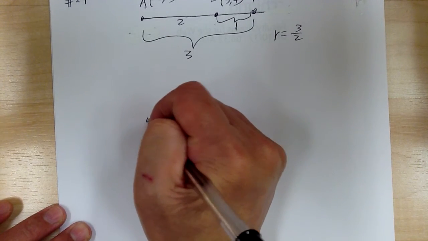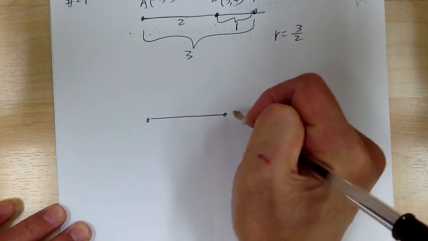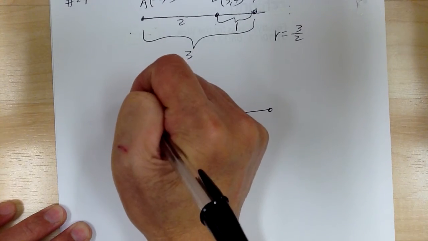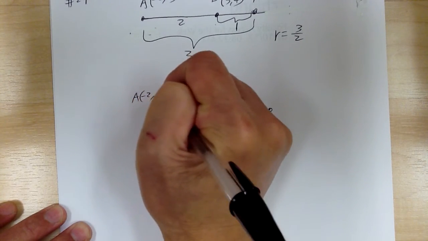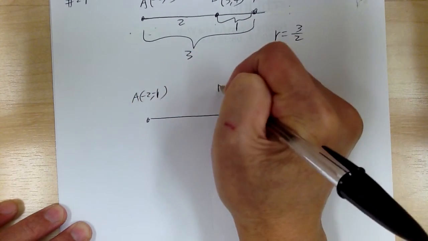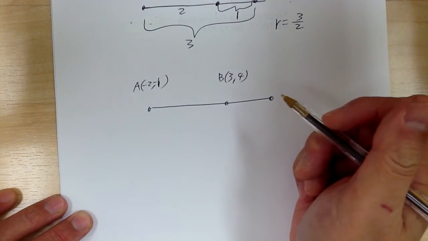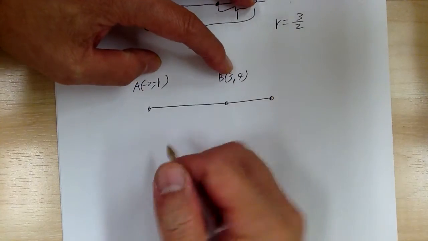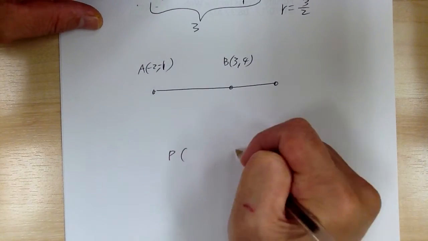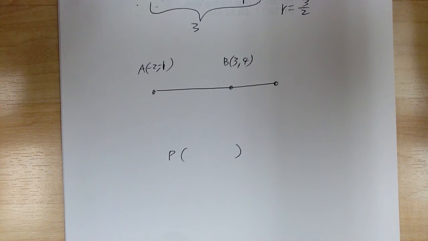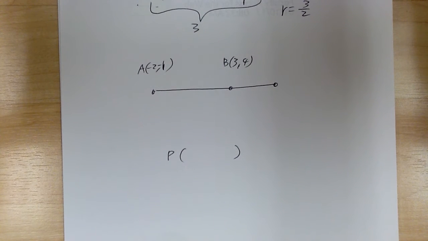Again, if you work these things out, A is -2, -1 and B is 3, 4. You want to do the x and the y individually. So focus on the x.